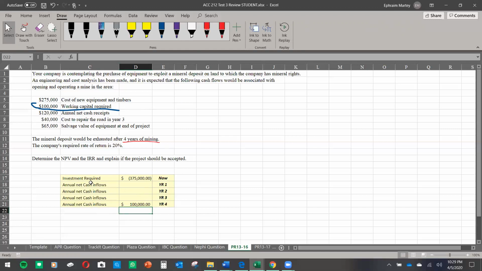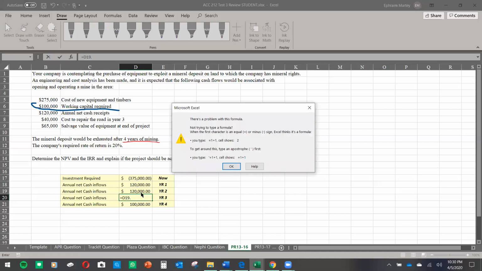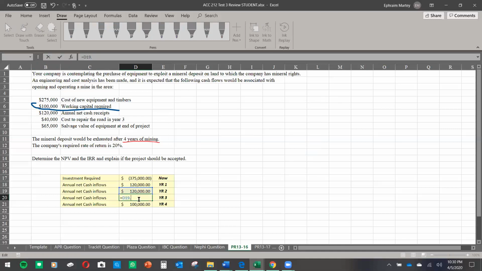Great. What else do we need to do here? It says annual net cash received is 120,000, the cost to repair in the 3rd year is this, and the salvage value is that. So this is pretty simple and straightforward. Annual net cash flow is 120,000, so you put 120,000 here, and then you reference it here.